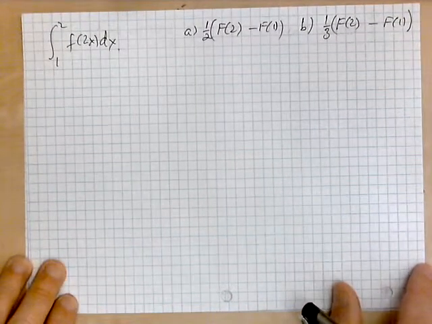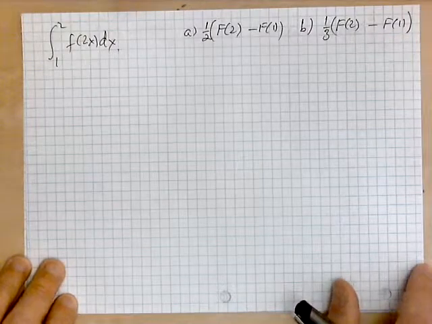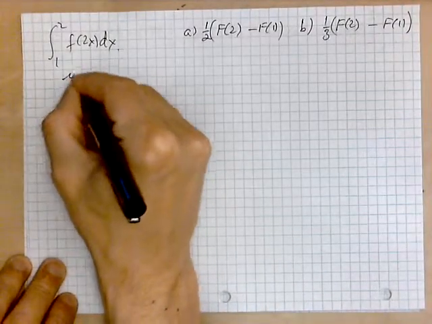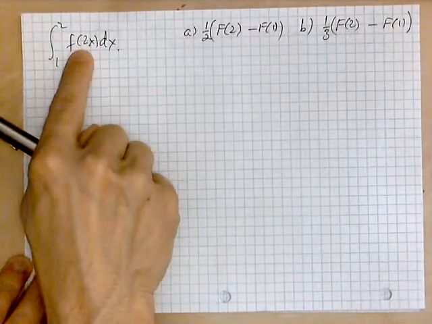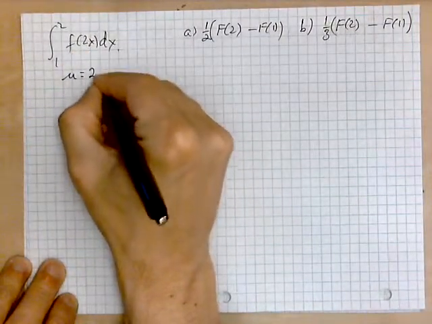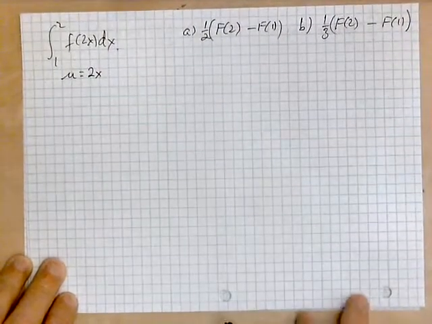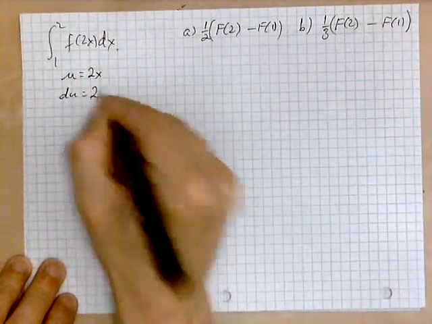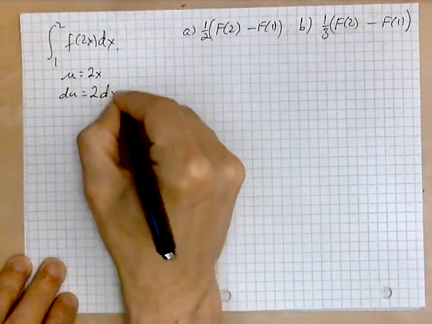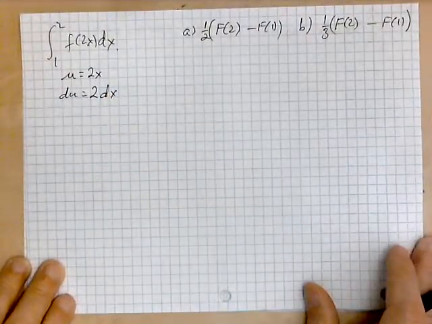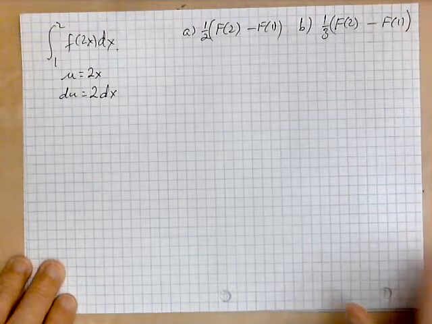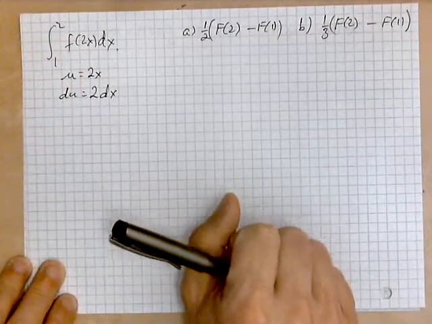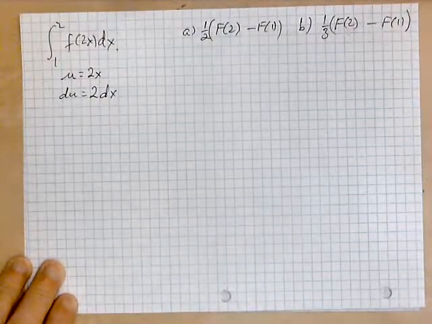Well, here, believe it or not, this is a disguised u substitution. And it takes the following form. Take a look. You let u equal 2x, the inner part. Then du equals 2 dx. Now you return to the original and you replace.